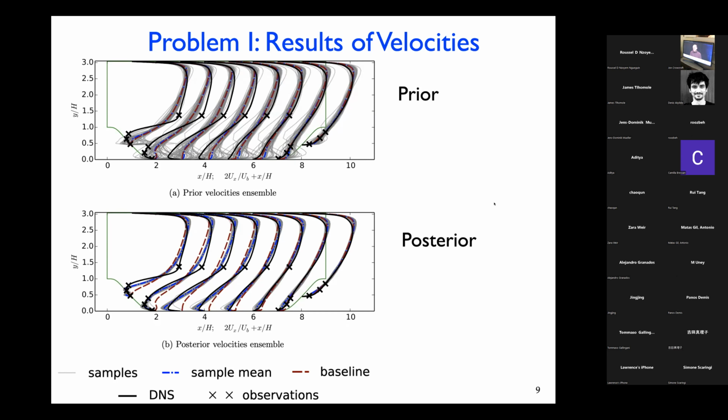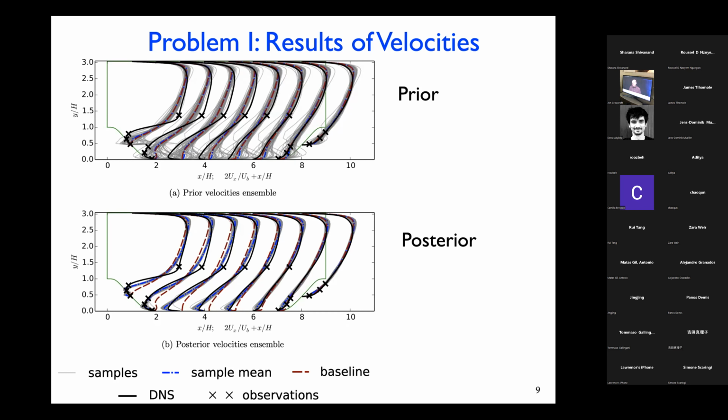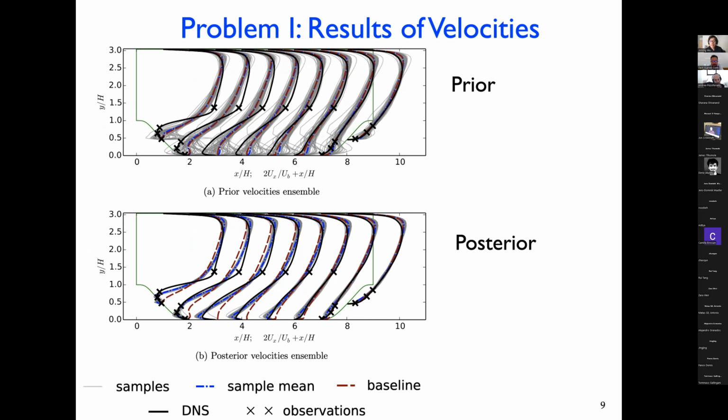So this comparison indicates the improvement from incorporating sparse indirect velocity data when we try to learn the full-field Reynolds stress distribution.